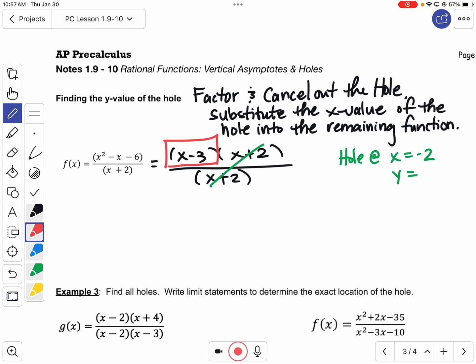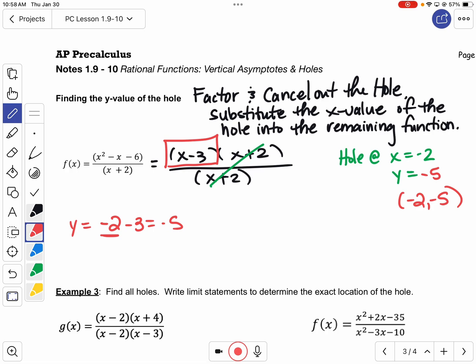So my y value is going to equal -2 minus 3, because that's where my hole was, and that gives me -5. So my hole is at the ordered pair -2, -5. That's not difficult: we reduce out the hole, we plug in the x value of the hole into what's left, and that's my ordered pair.